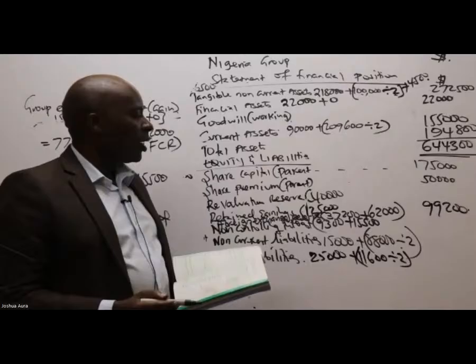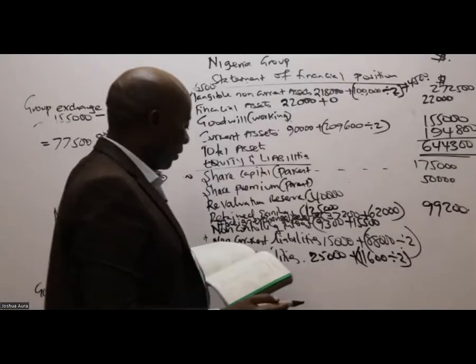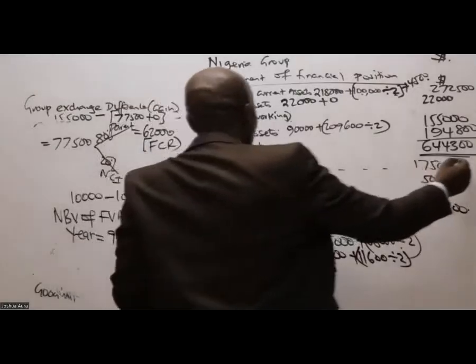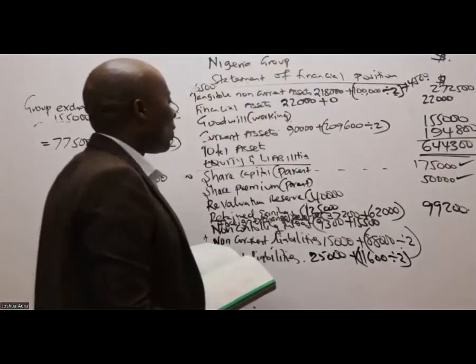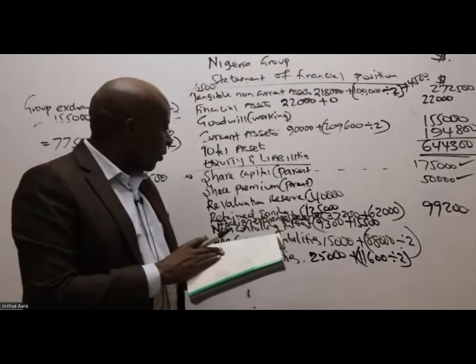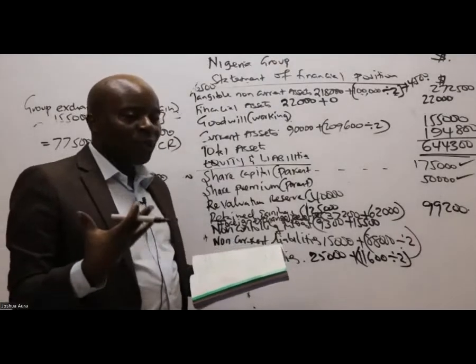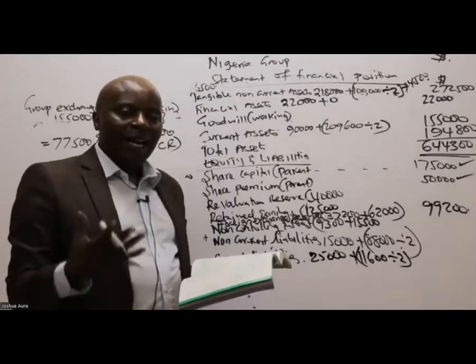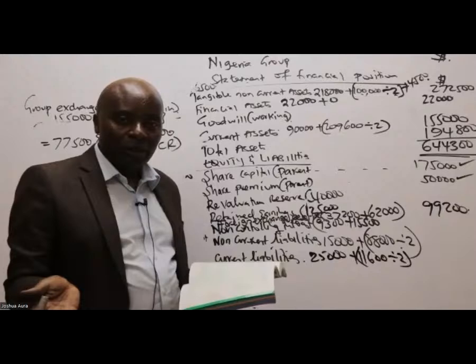Now from there, share capital is exactly correct. Share premium is exactly correct. Now there is this revaluation reserve. Under the revaluation reserve, if you look carefully, there was no disturbance. The assets of the parent were not revalued at all.